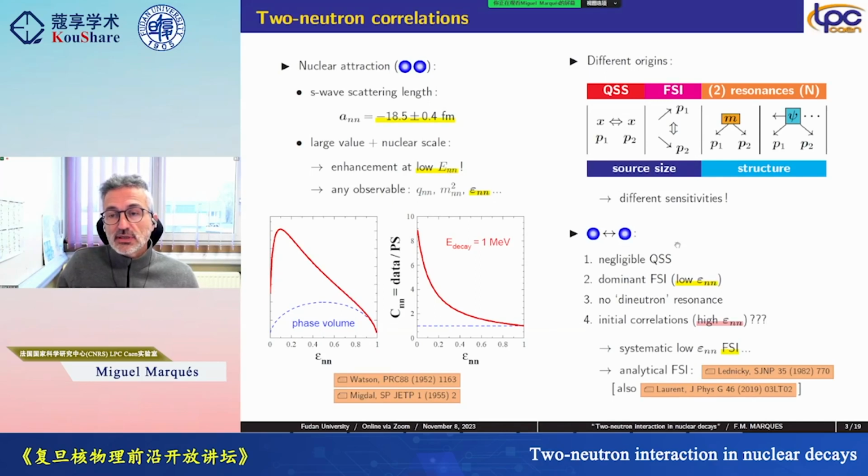So it assumes that the source has no structure, so we are not dealing with this part of the scheme here. But assuming that the source has no structure, this is an analytical form that links a simple Gaussian source with the signal that we could see.